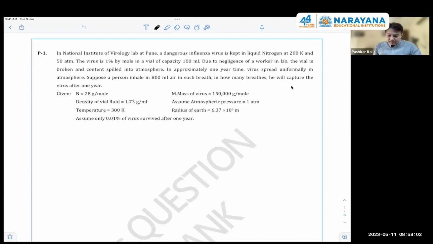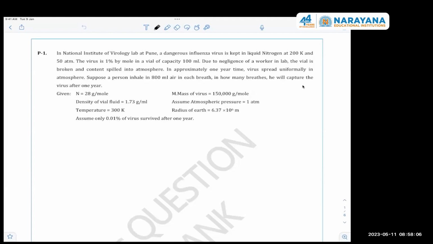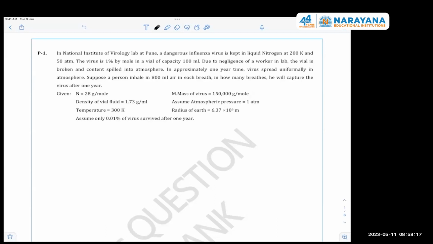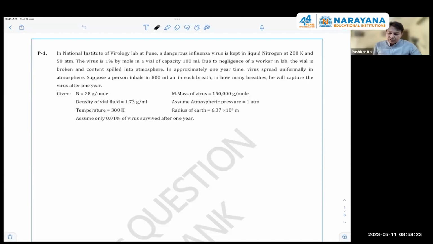Because I found the amount of virus present in the solution by assuming two variables. Amount of nitrogen is one variable and amount of the virus is the other variable. Who is speaking? Siddharth. Then I got the amount of virus, but after it leaks out, I wasn't able to get what. Okay.